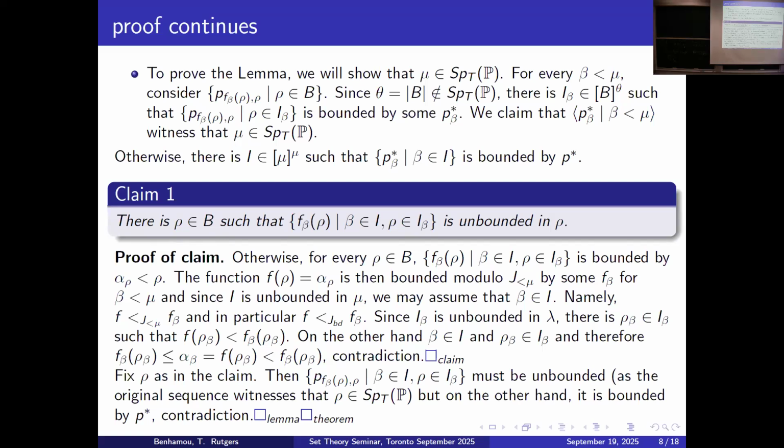Then again, I apply the fact that theta is not in the spectrum of P to say that an unbounded subset of theta from these elements must be bounded by some condition, by some element of the forcing, of the poset, sorry.